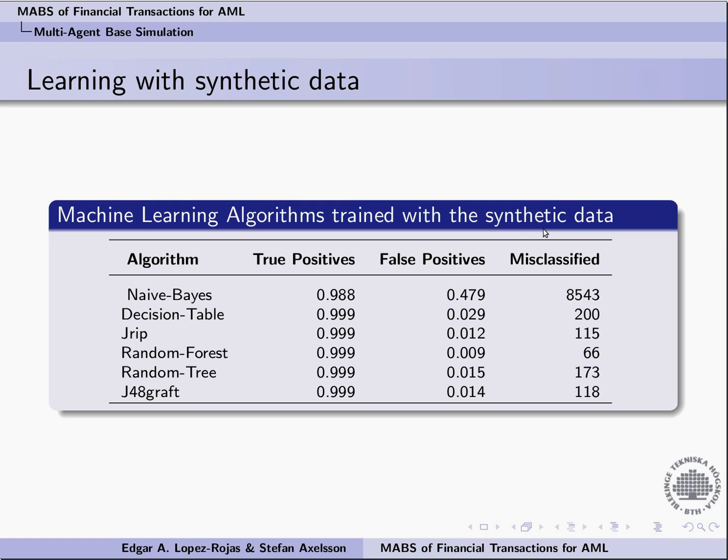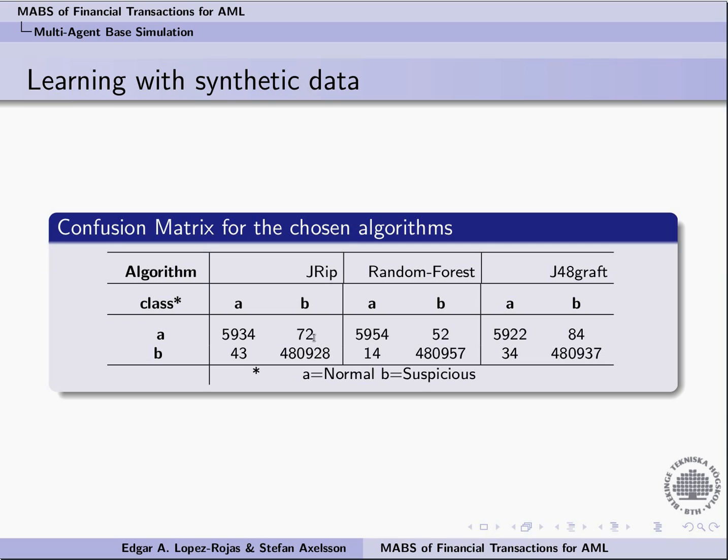As an output, we use these transactions to train machine learning algorithms. We trained different algorithms just to test them, and we found quite interesting results in random forest, JRip, and J48. We went a little bit further, and we found that JRip produces quite simple rules that can be applied.